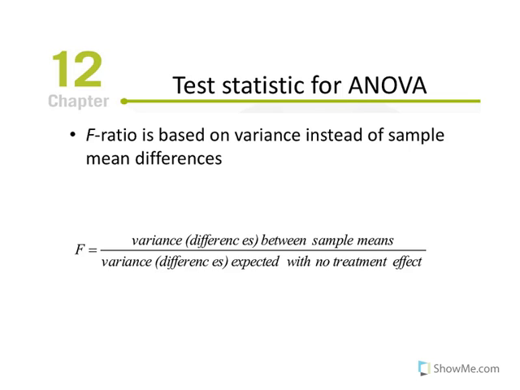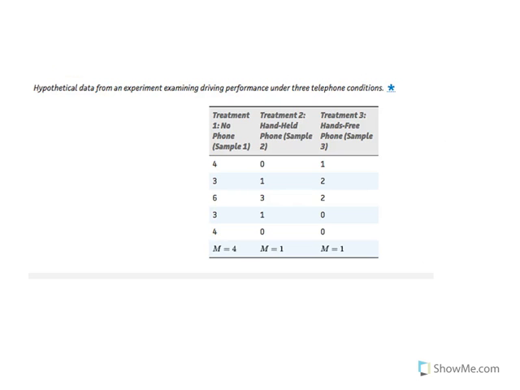The formulas and calculations required in ANOVA are somewhat complicated, but the logic underlying the whole procedure is fairly straightforward. Therefore, let's use Table 12.1 to introduce this logic behind the analysis of variance, or ANOVA. The data represent the results of an independent measures experiment comparing performance in a driving simulator under 3 telephone conditions.